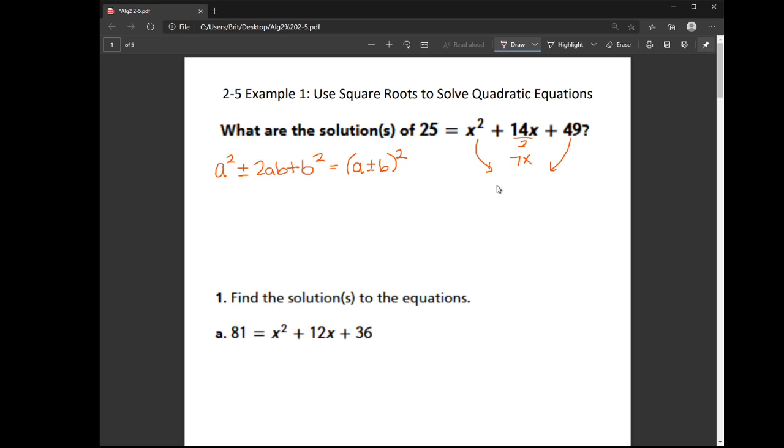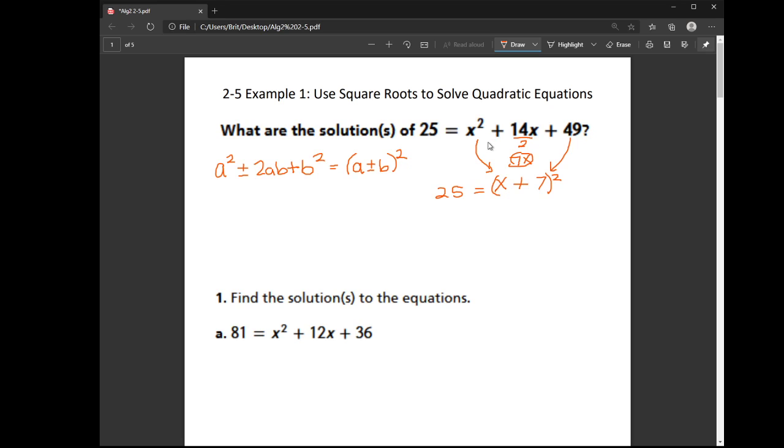So the square root of x squared is x, and the square root of 49 is 7. And I say, well, is x times 7 equal to that 7x, that target number that I set? Yes, it is. So this is a perfect square trinomial, so I could just bring this first sign down and square it, and that's how you factor it.